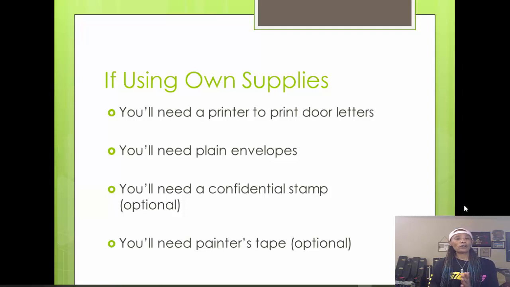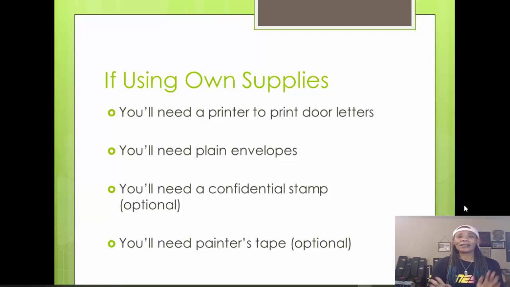Okay, so if you're using your own supplies, first you're going to need a printer so that you can print out your door cards. And don't worry, everything that you purchase for your business is tax deductible. Make sure you have some paper for your printer. You're going to need plain envelopes.